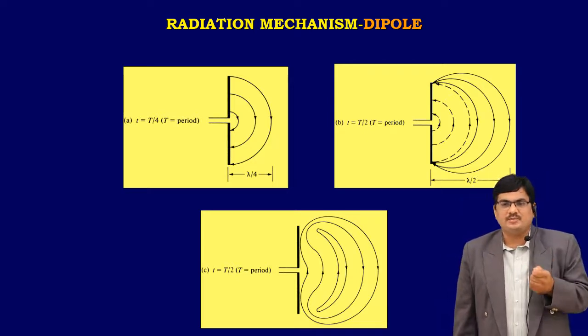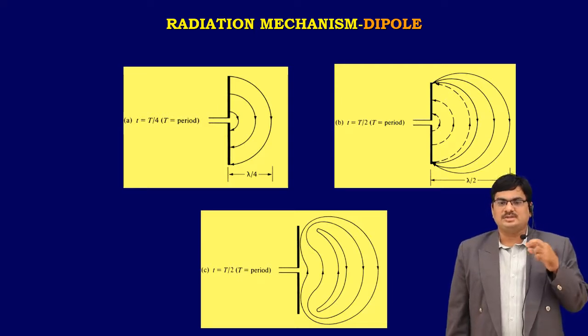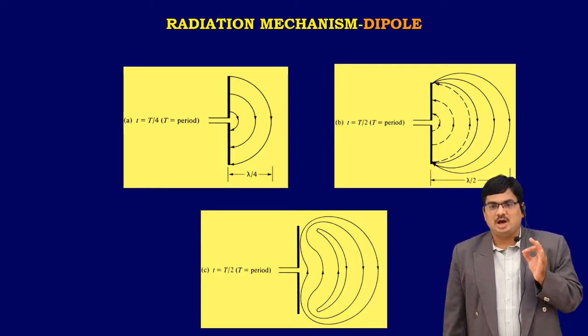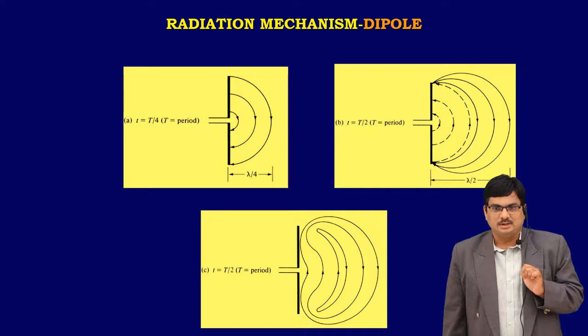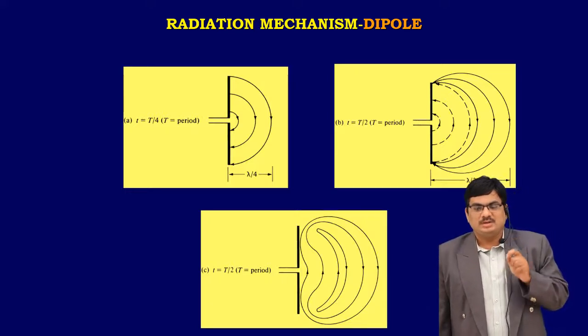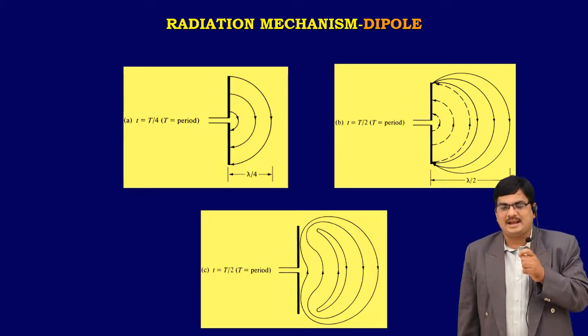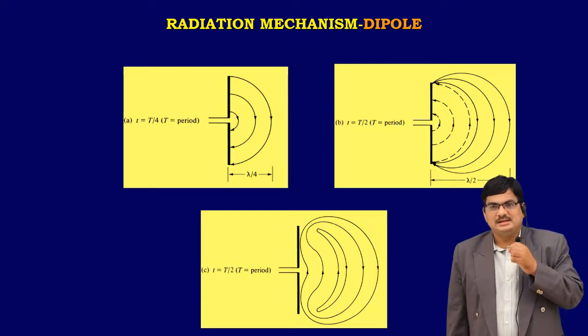So see that when we take an antenna with two halves, and the time is T by 4, and the length of the antenna is lambda by 2, that is called a dipole antenna. So at t is equal to T by 4, there is a maximum current I naught at the center.